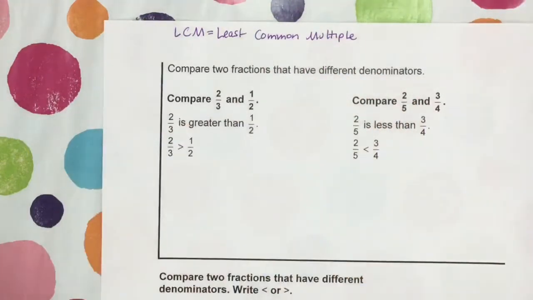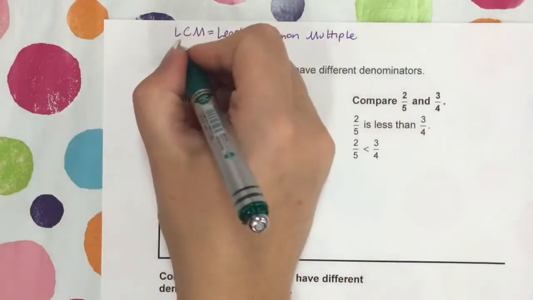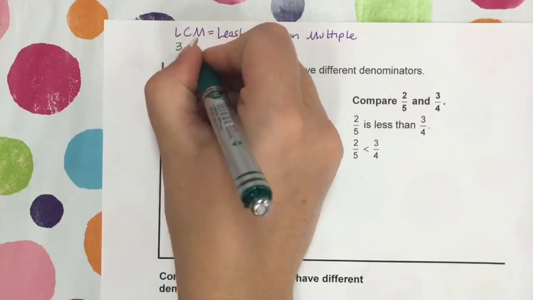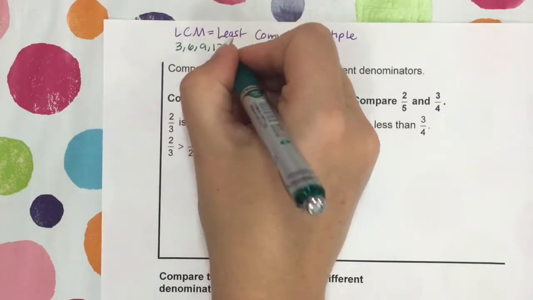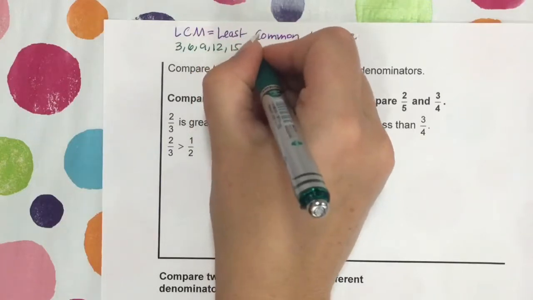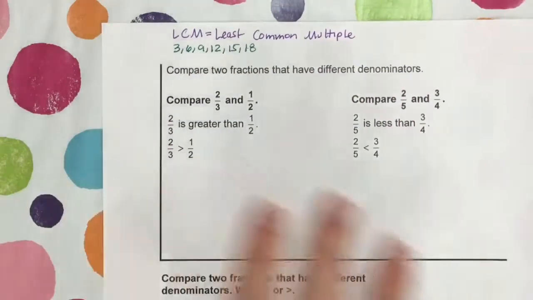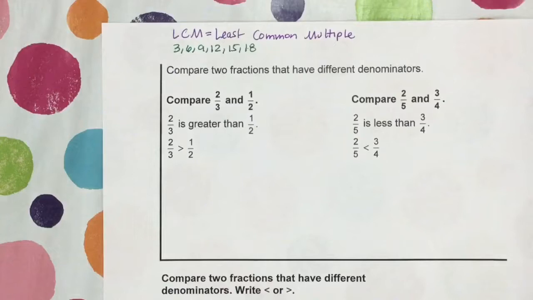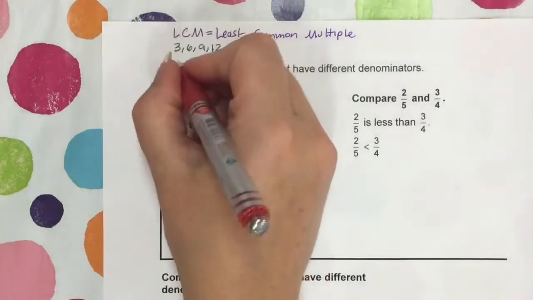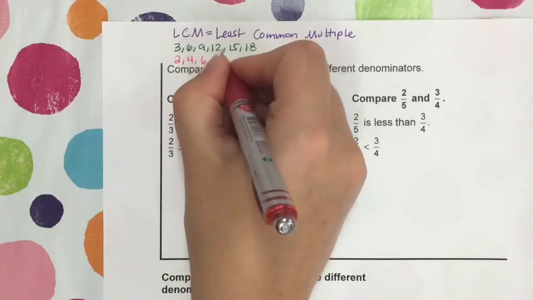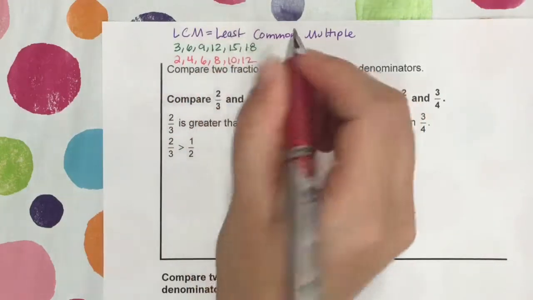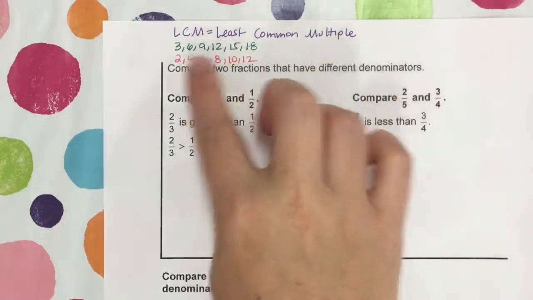So if we had 3, the multiples of 3 would be 3, 6, 9, 12, 15, 18, and you could just keep going forever. And the multiples of 2 would be 2, 4, 6, 8, 10, 12. Okay? So those are what multiples are.